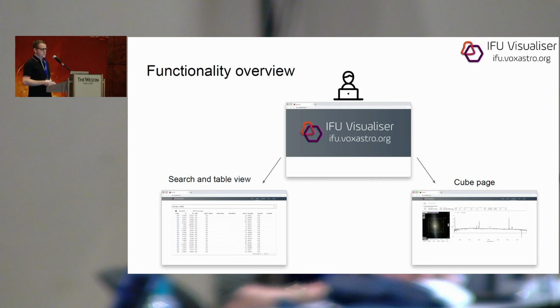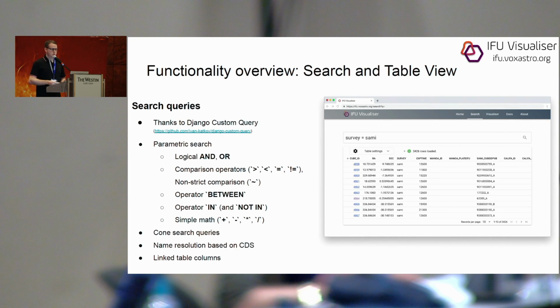So this visualizer has roughly two parts, the search and table view and the detailed page view. Let's start with the first one. The heart of the search and table view is the input field where you can write your search query. And thanks to the Django custom query package, you are able to write queries similar to a SQL WHERE clause.